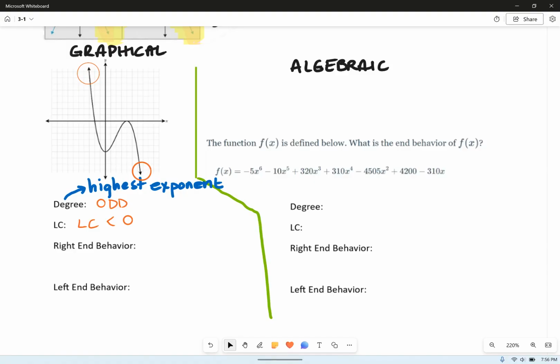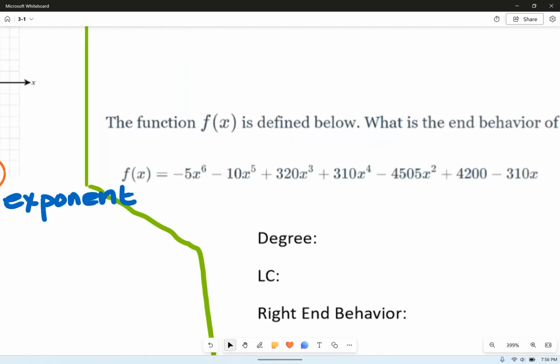So we are going to look at all the terms, and I can see that I have an exponent of 6, of 5, of 3, of 4, of 2, of 0, and of 1. So the highest exponent is definitely that first one with the 6. And by the way, side note, let's say you ended up with a leading term that was written like this, where this is the term all together.